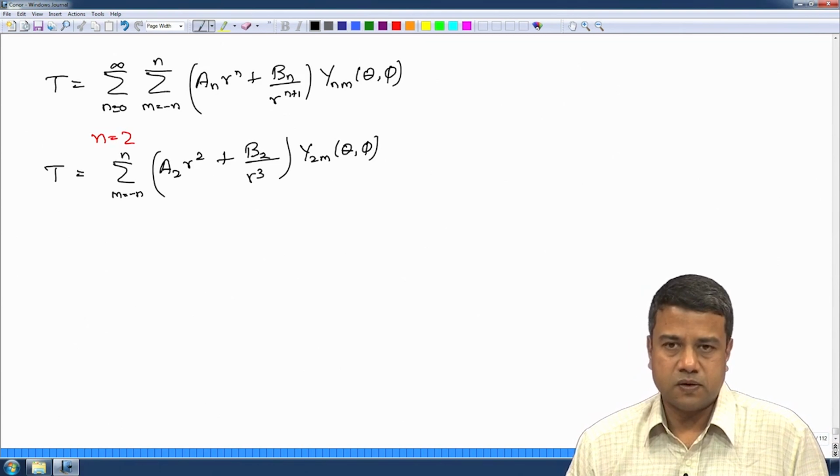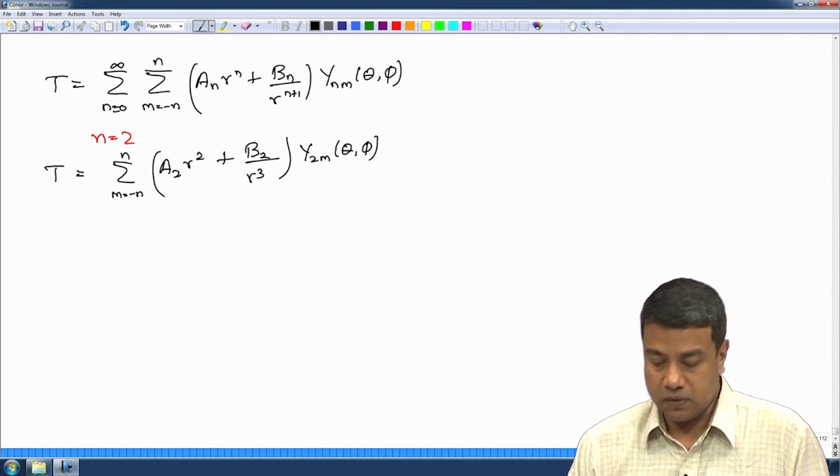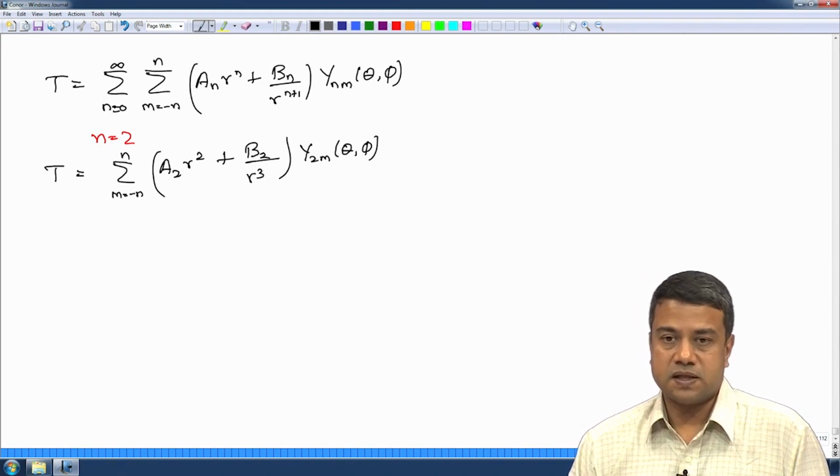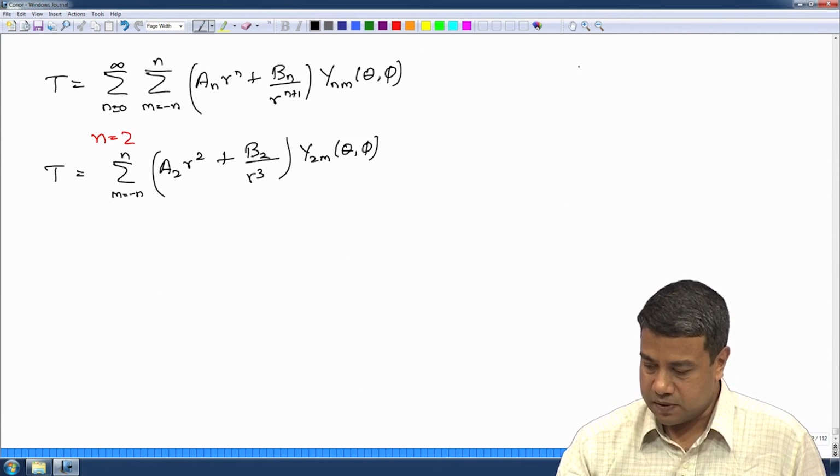In this case, m goes from -2, -1, 0, +1, +2. I will not be able to go through the details of how to derive these. The procedure is exactly the same as I had done for the dipoles. What do these correspond to?